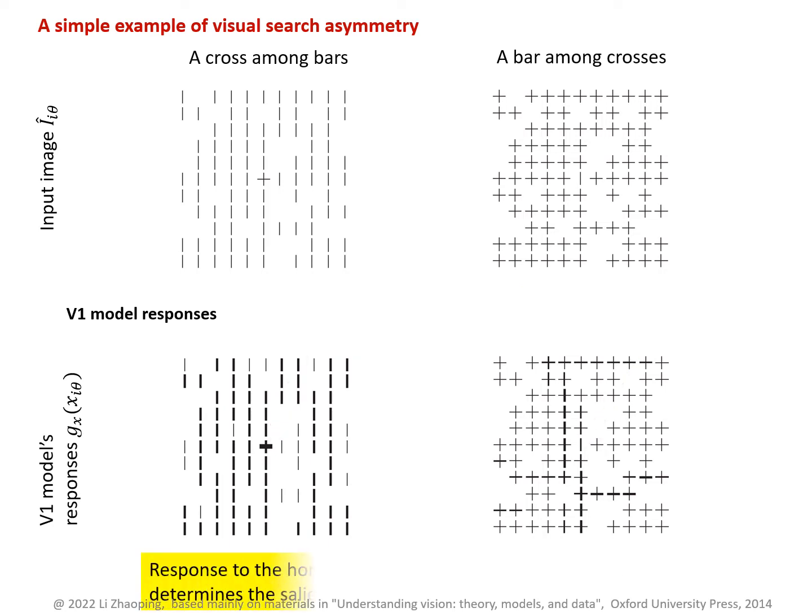For the z-score in the cross, the response to its horizontal bar alone determines the z-score, not the combined responses from two neurons, one for each bar in the cross. This is because by the V1 saliency hypothesis, a location's saliency is determined by the highest response to this location.